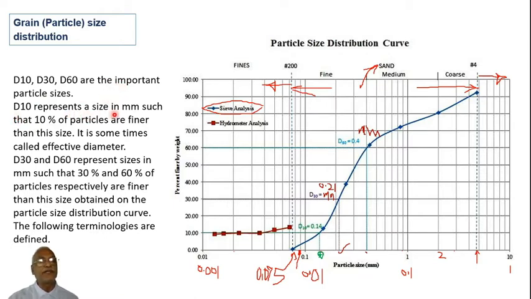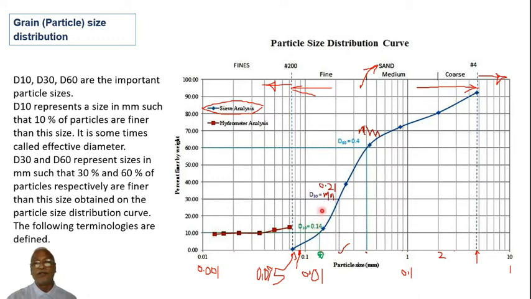D10 represents a size in mm such that 10% of the particles are finer than this size. That is the meaning of D10 size. D10 equal to 0.14 mm, because it is a percentage finer that we have plotted on this, indicates 10% of the soil is finer than this size of 0.14 mm. 90% of the particles are greater than the size 0.14 mm.